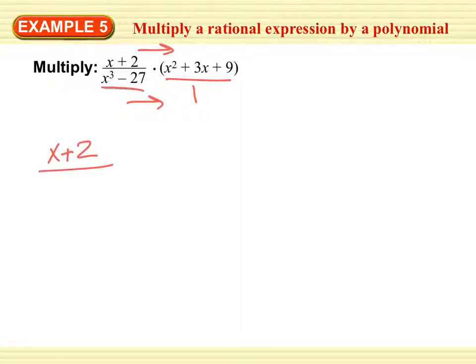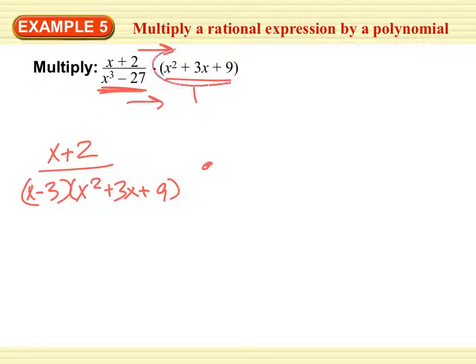So x plus 2. This right here is a difference of cubes. We did this as a warm-up. X minus 3, x squared plus 3x plus 9 times, factor this. Can I? I need two things that multiply to 9 and add to 3.